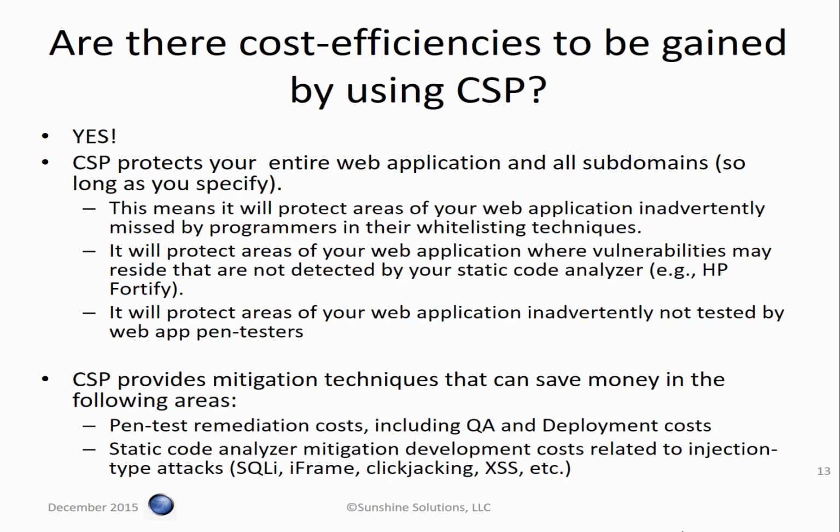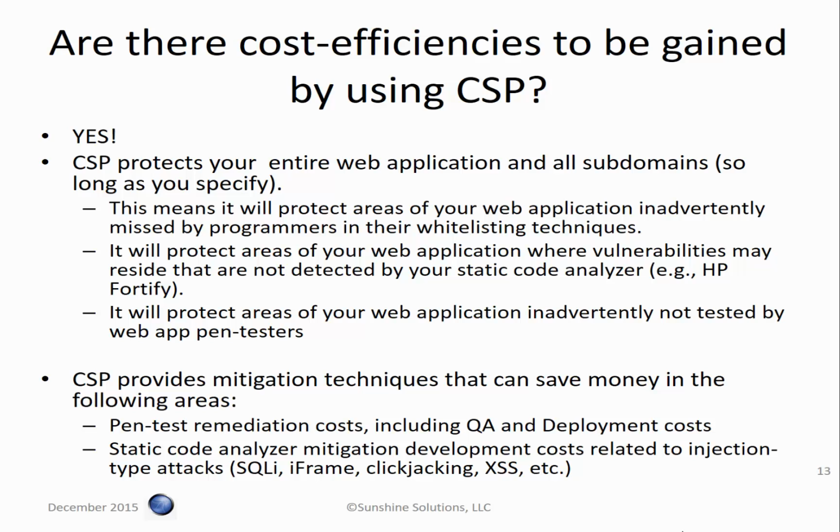Now, there are a lot of cost efficiencies that are gained by using content security policy. It can obviously protect your entire web application and all of its subdomains if the policy is set at the right level.